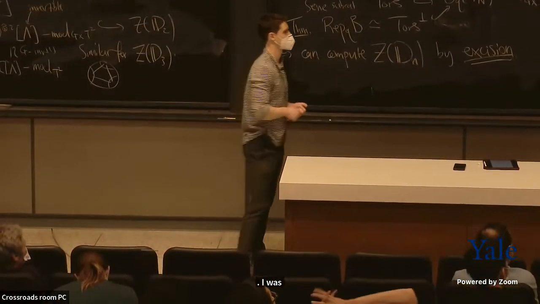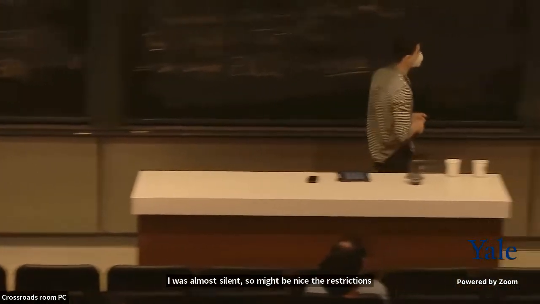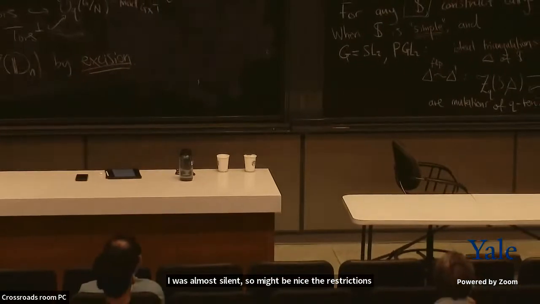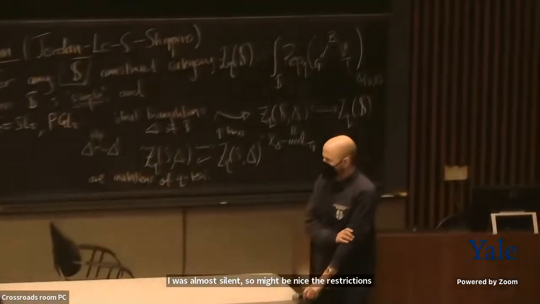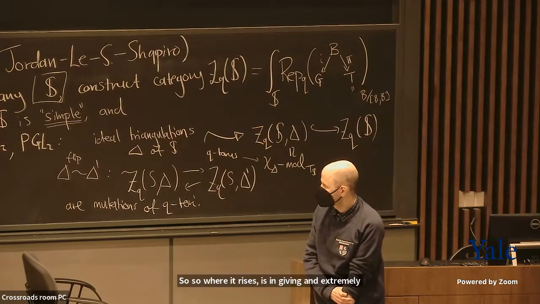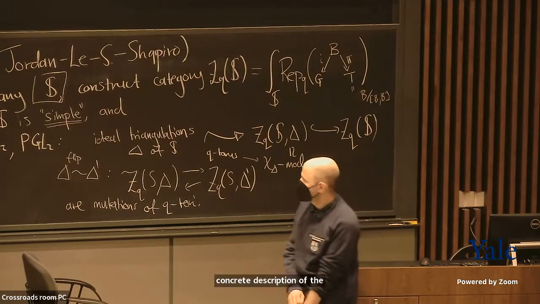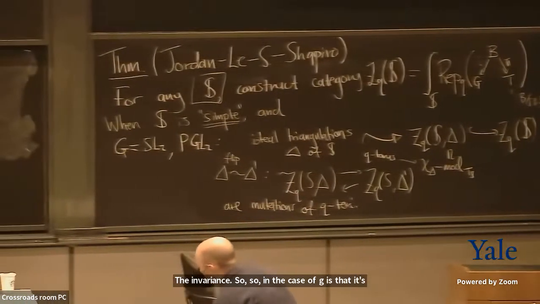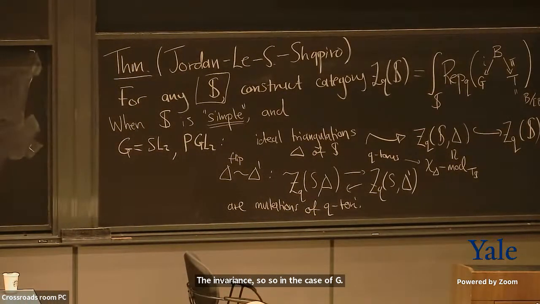How would the restrictions to SL2 or PGL2 arise? Excellent, good. Where it arises is in giving an extremely concrete description of the invariance. In the case that G is SL2 or PGL2, the group algebra of the weight lattice is just a Laurent polynomial ring in a single variable.